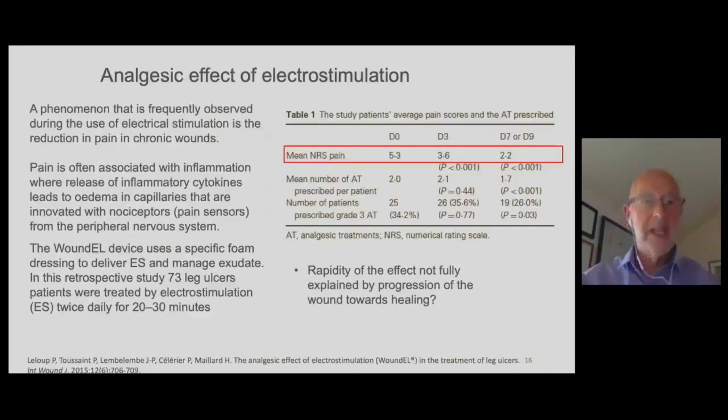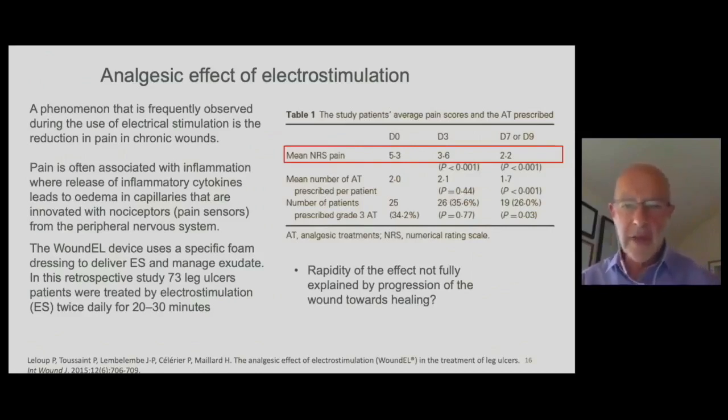One other thing that happens in electrical stimulation, and probably happened in many of those trials, is that a phenomenon is observed, which is that the pain in chronic wounds is often reduced. There are a number of studies that can show this, so I'm picking just one study here.